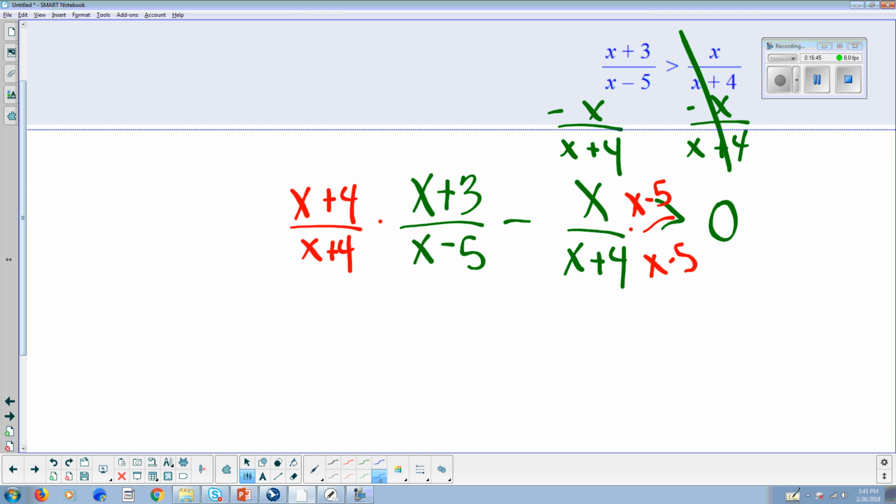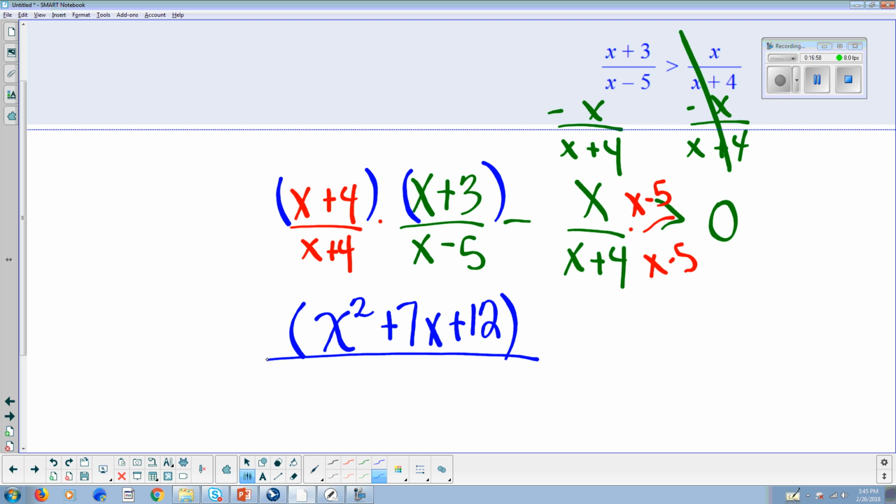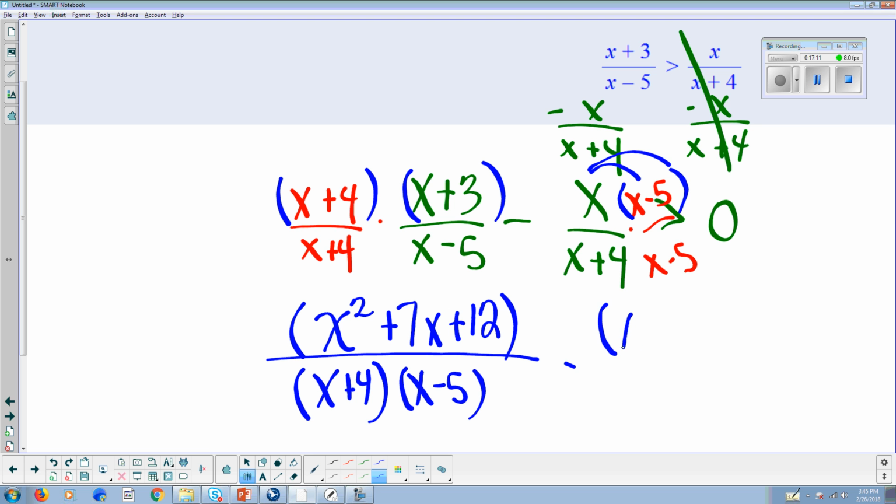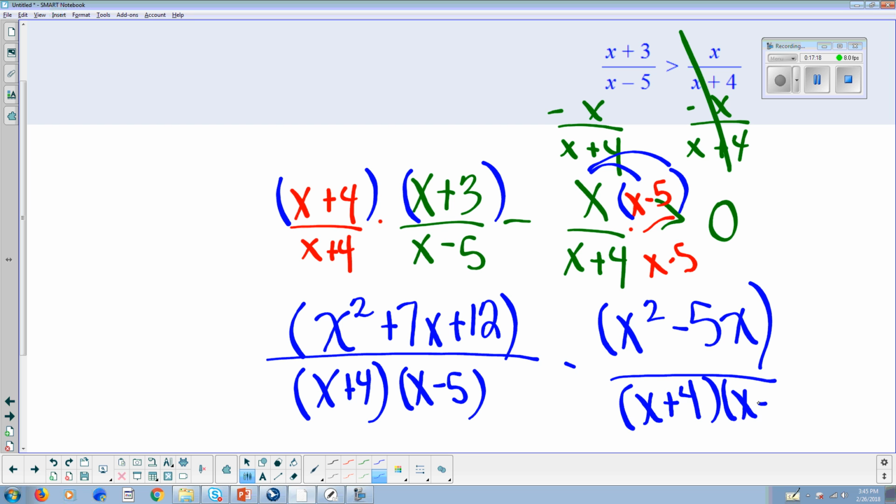In the numerator, on the first fraction, we FOIL. X squared plus 7x plus 12 over the quantity x plus 4 times x minus 5, minus, in the second one we're going to distribute, x times x is x squared minus 5x over the quantity x plus 4 times x minus 5 greater than 0.